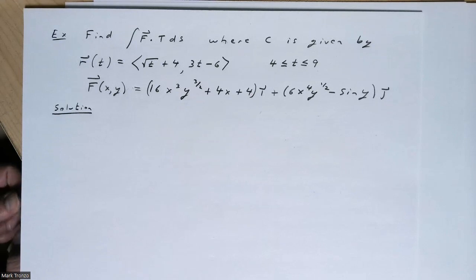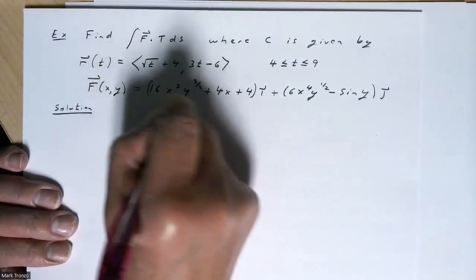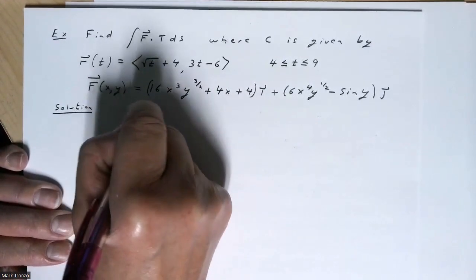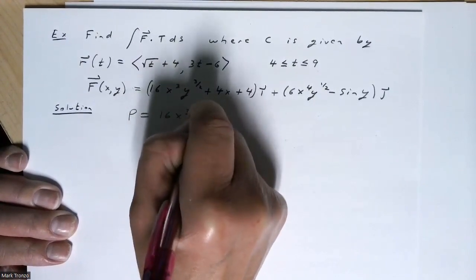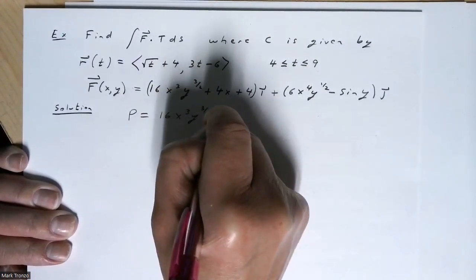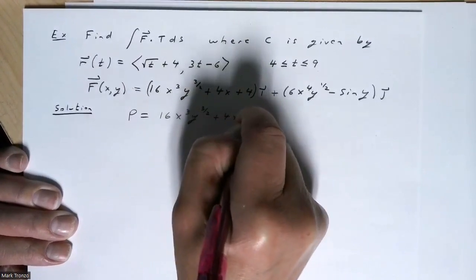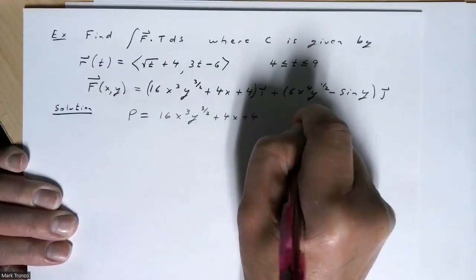Once again, we want to check to be sure that we have a potential function. If we do, once again, we can use the fundamental theorem of line integrals to evaluate our function. So again, remember that this is P. This is Q.